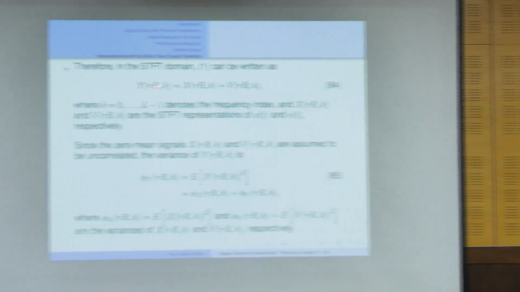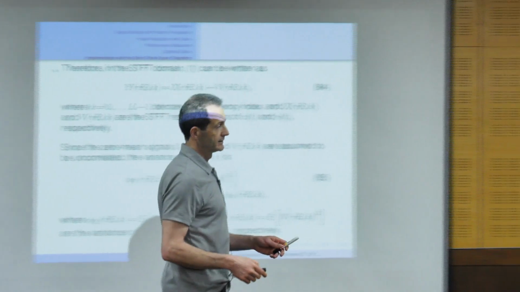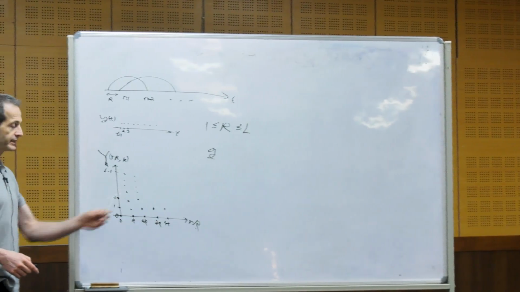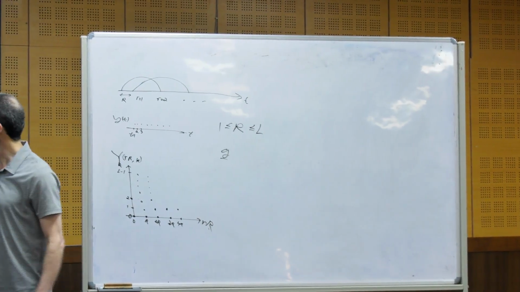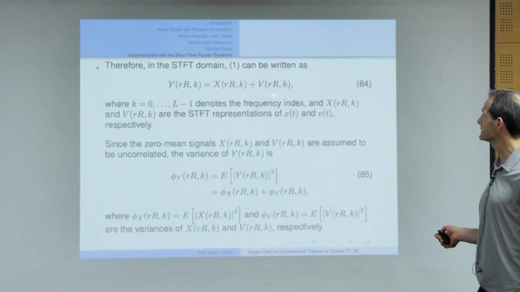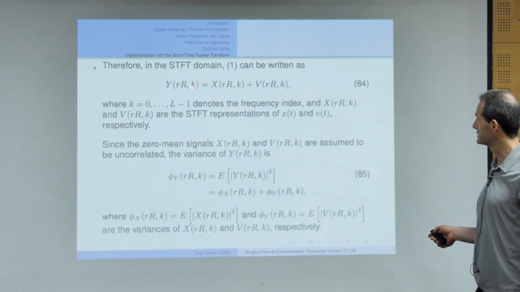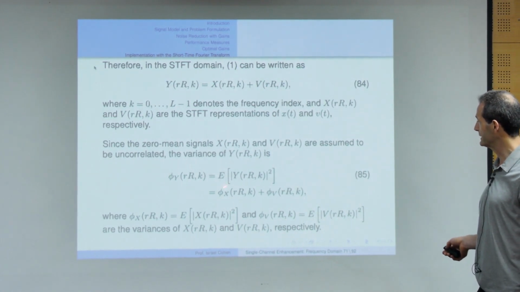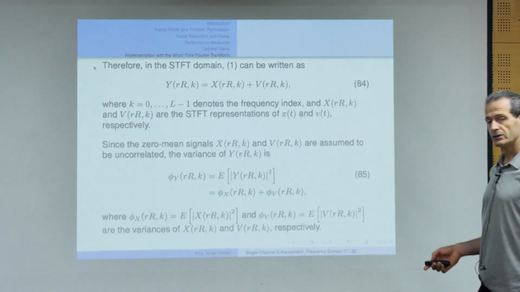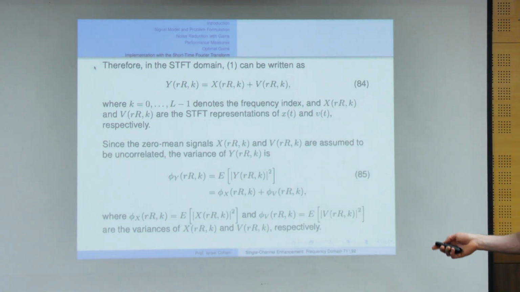So for each sample, each measurement, the complex number is the summation of the complex number of the STFT of the clean signal and the STFT of the noise. And then we can compute the variance of the measurement. It contains the variance of x and the variance of v. So you see the equivalence between the Fourier transform domain and the STFT domain.